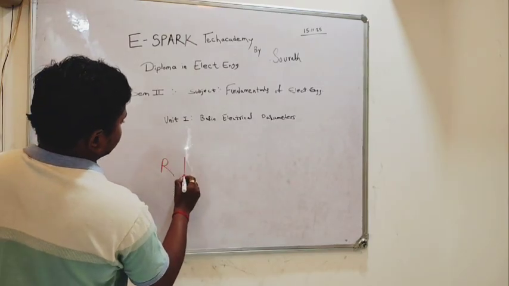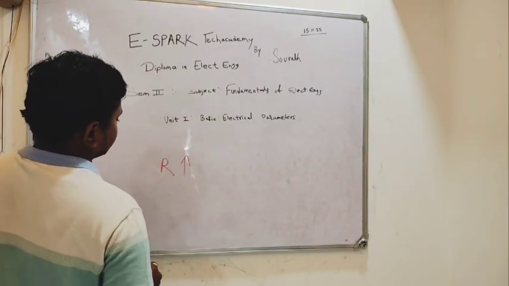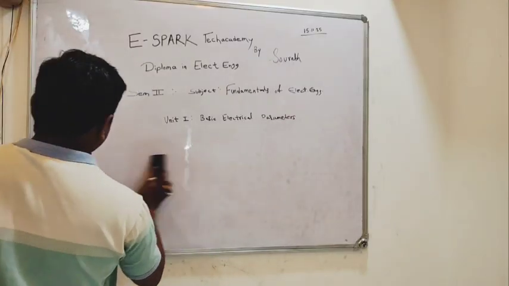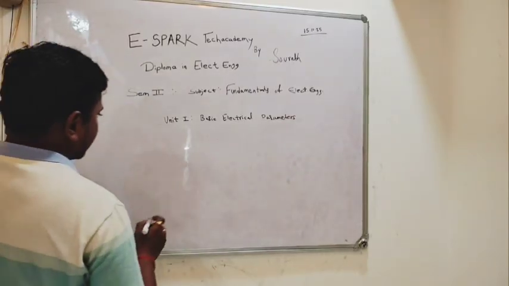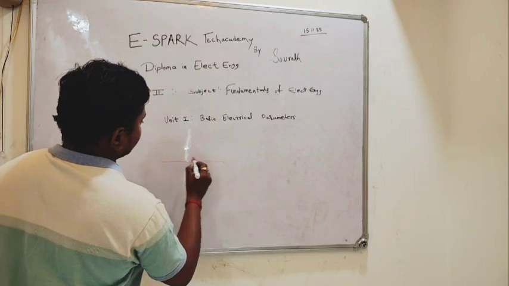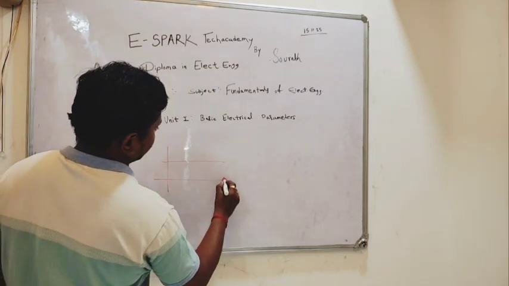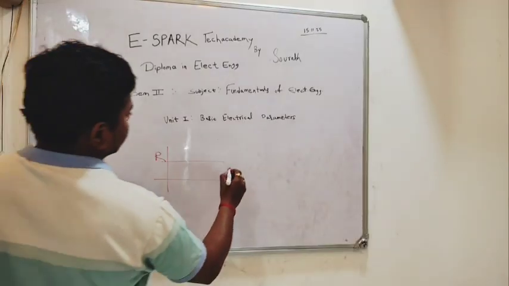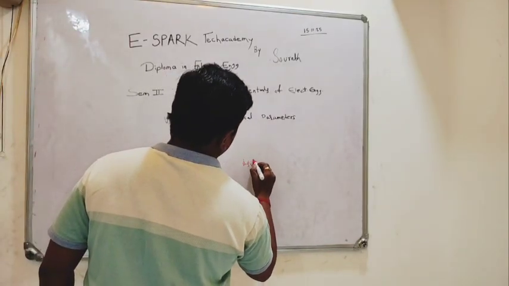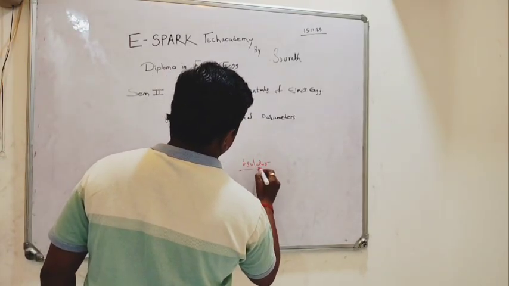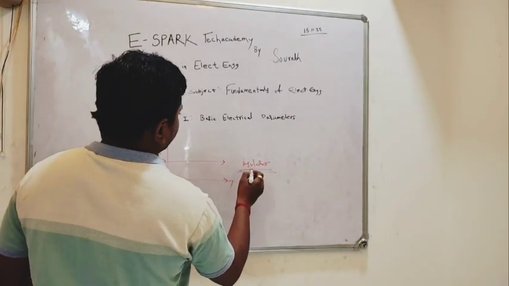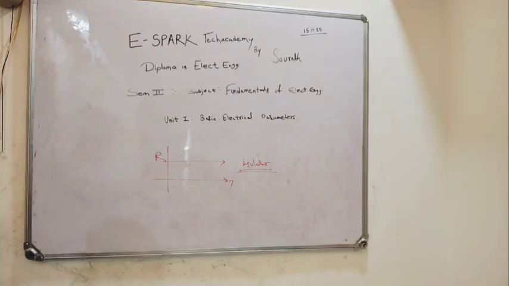Even if the temperature increases, the resistance will be constant. This is nothing but an insulator. Irrespective of temperature, the resistance will remain constant. That's why we are saying it is an insulator.